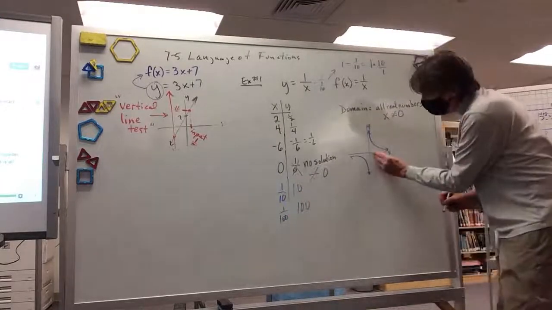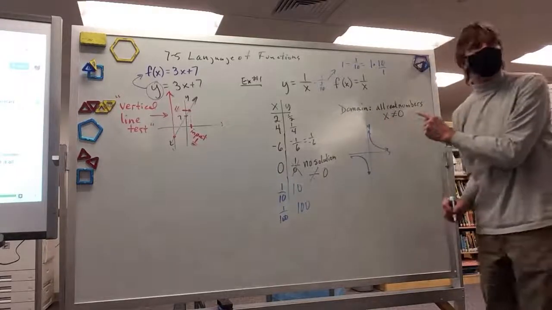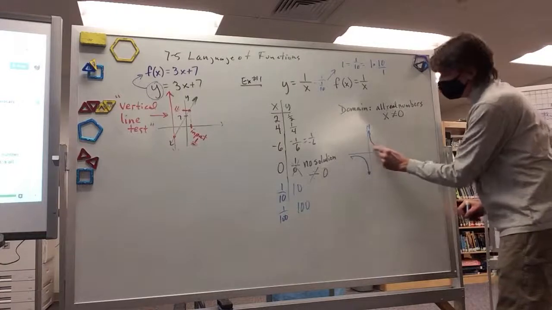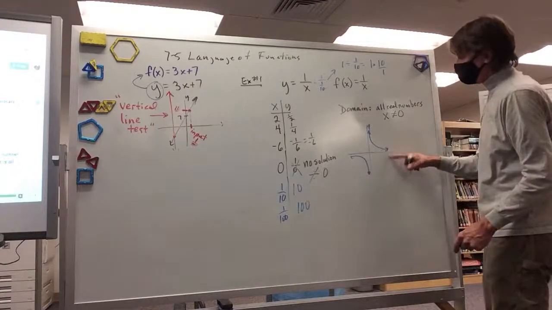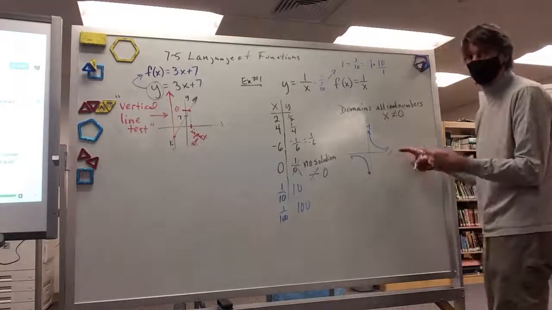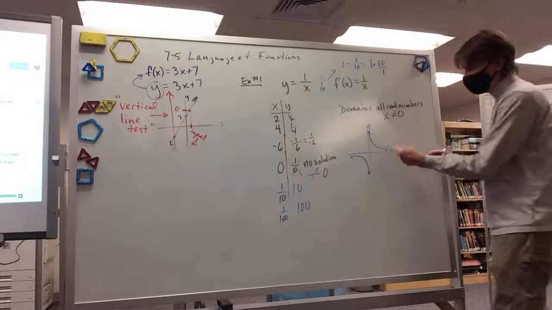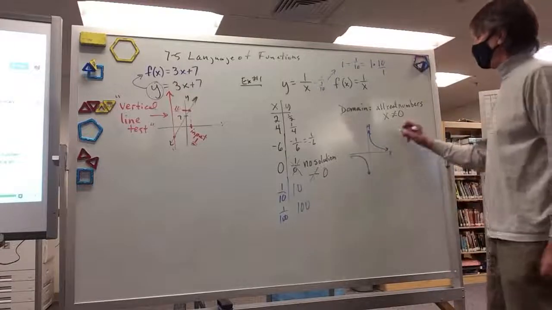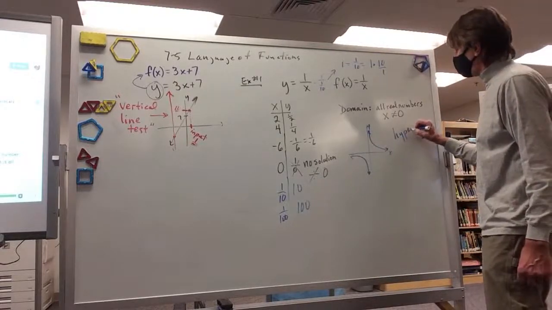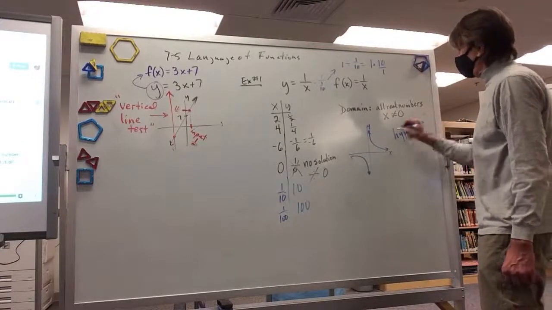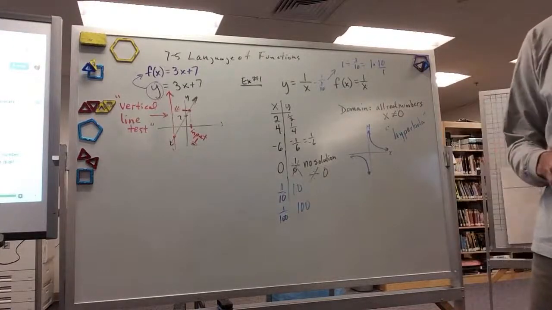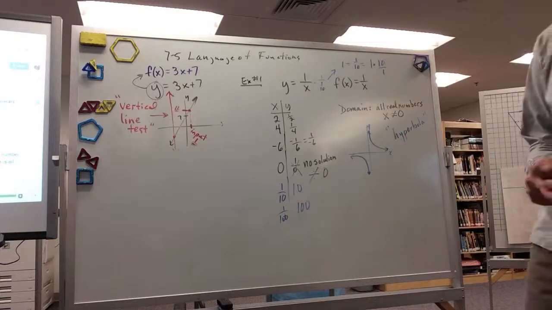So the smaller the fractions get, the bigger the numbers are. And the bigger your number is, the smaller the fraction is, because the output is the reciprocal of the input. And the same thing happens in the negative direction. So you don't need to know this just yet, but that's the shape of it. That's a hyperbola. There are lots of things in nature that follow hyperbolas.